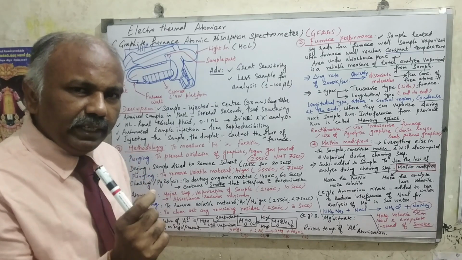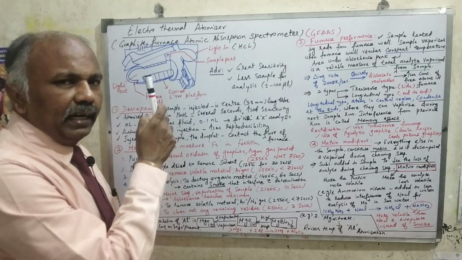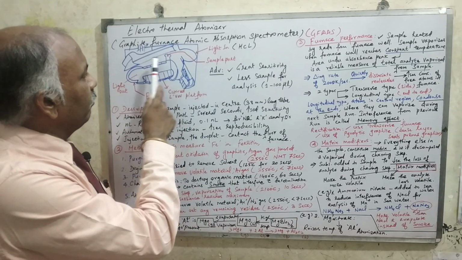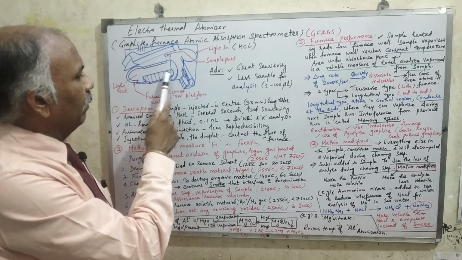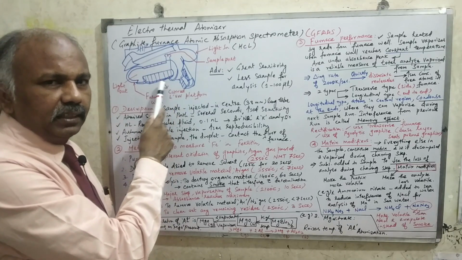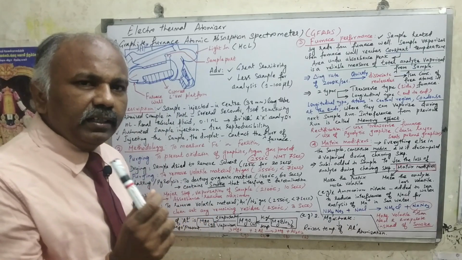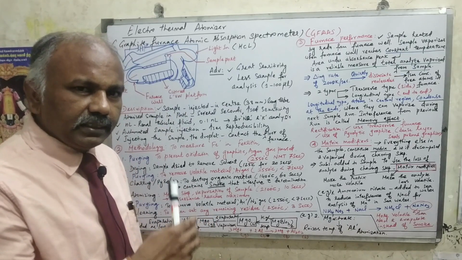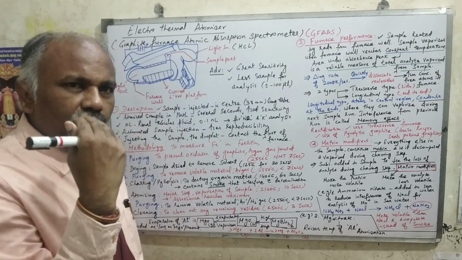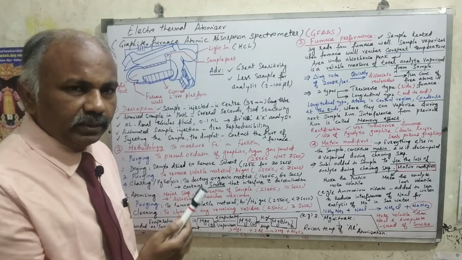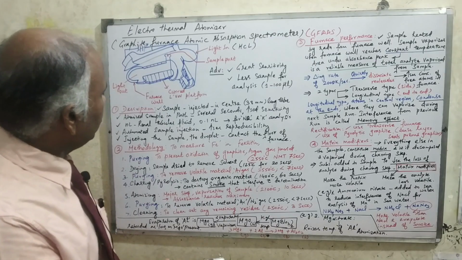In order to bring the atoms into the gas phase ground state, the atomized sample path will take several seconds, and therefore it increases the sensitivity. Whereas in the case of your flame atomizer, it will not take much time, but here it takes several seconds. This is an advantage, so sensitivity will be better.